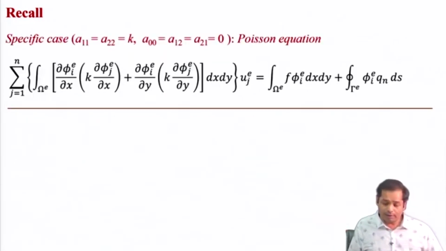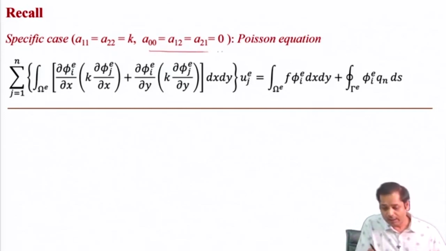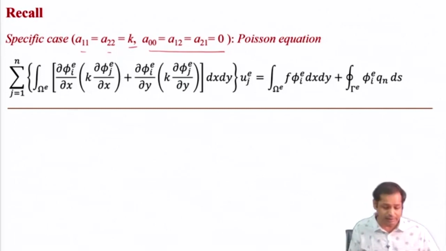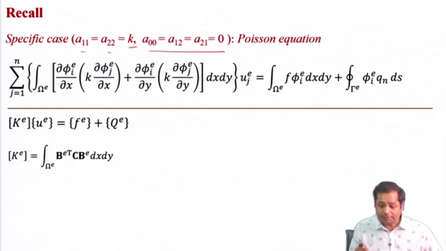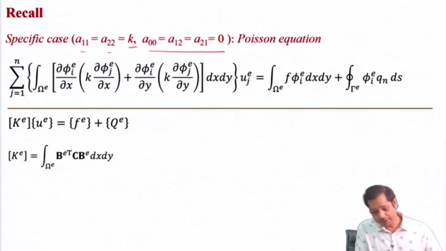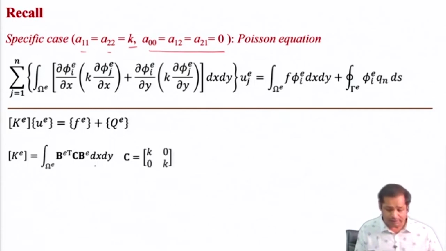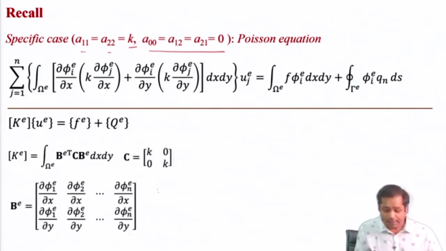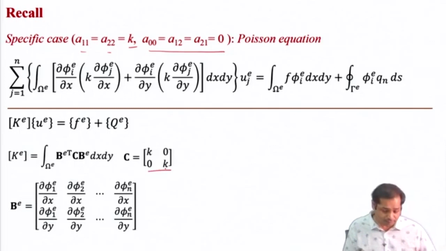Now these equations need to be satisfied over every element to get a system of n algebraic equations. Here n is the number of degrees of freedom, and it is the number of nodes as well, because at every node you have one degree of freedom. If you recall, we can have a special case by substituting a0 as 0 and a1, a2 as k, and this gives you the very well known Poisson's equation. In this Poisson's equation, the expression can be written like this, where b is equal to this and c is equal to this.